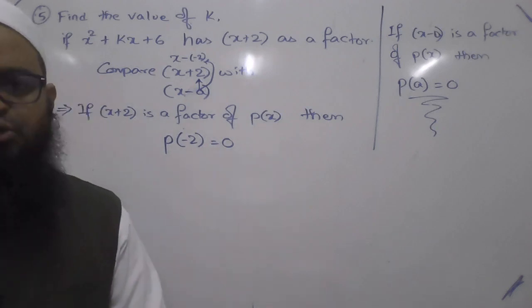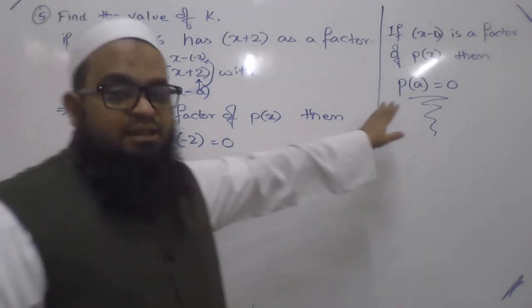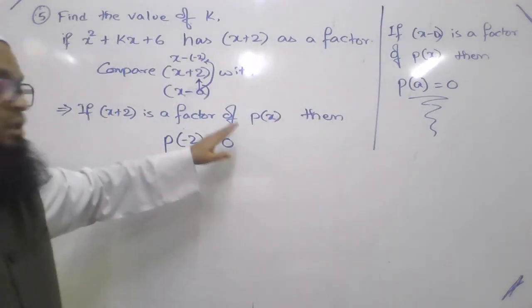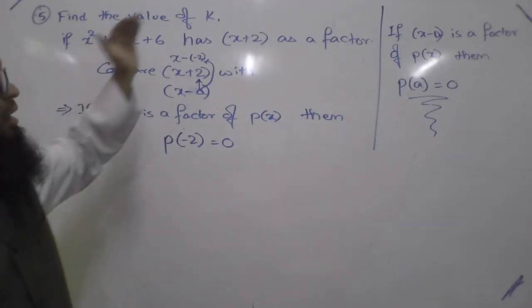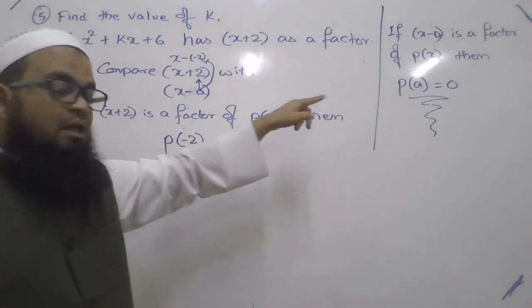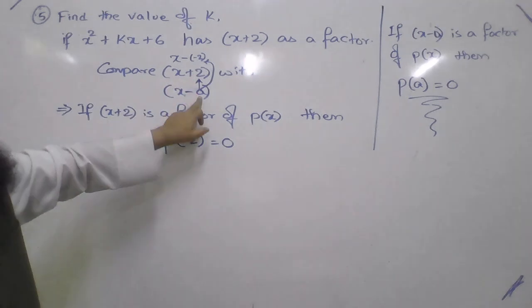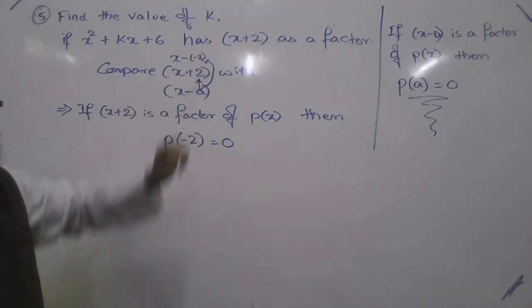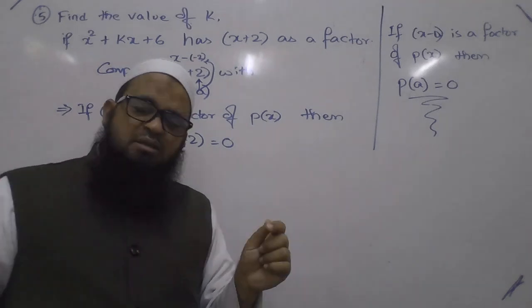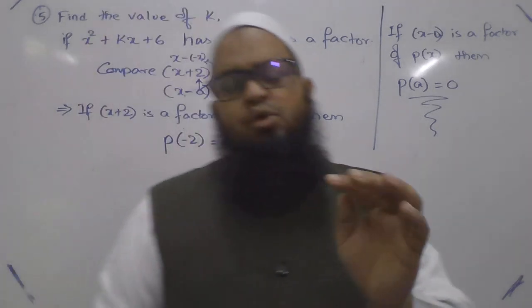Now understood, my dear students, how to do it? This is the factor theorem which we have studied in grade 9, and now we apply the same thing, because he has already given x plus 2 as a factor. So if x plus 2 is a factor, when we compare, what is the value of a? a is minus 2.